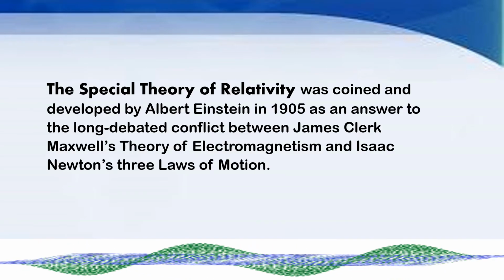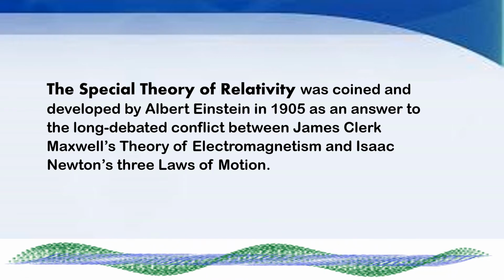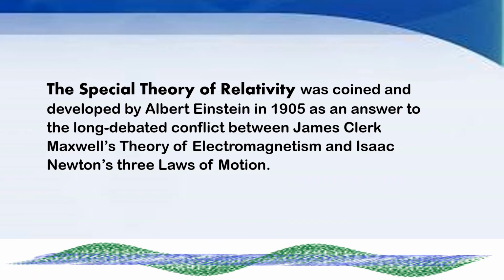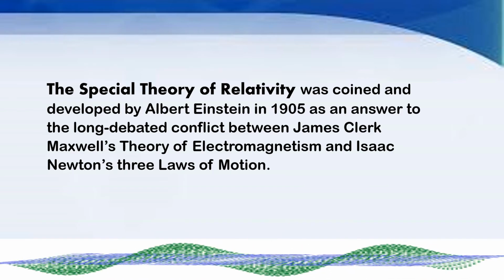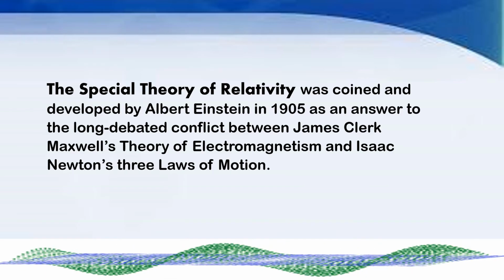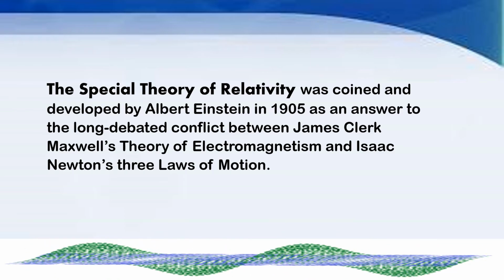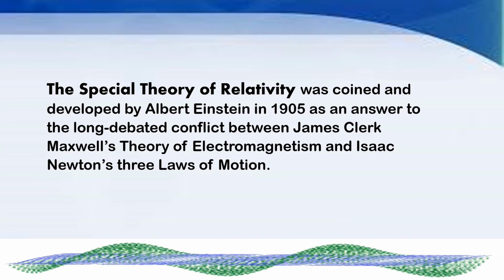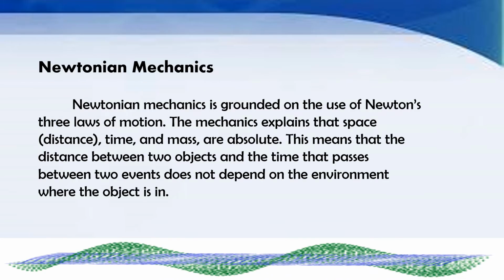The special theory of relativity was coined and developed by Albert Einstein in 1905 as an answer to the long-debated conflict between James Clerk Maxwell's theory of electromagnetism and Isaac Newton's three laws of motion.